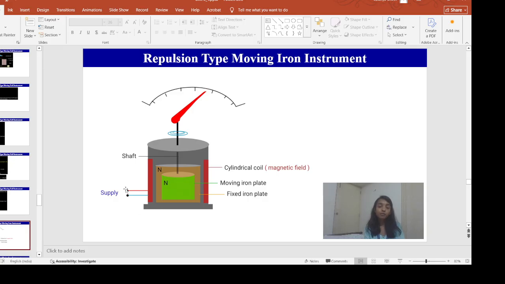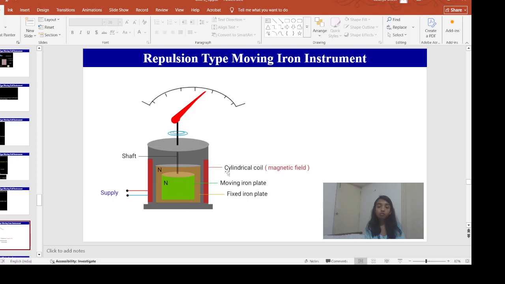Now, suppose I want to measure an unknown current using the repulsion type moving iron instrument. Whatever current I am supplying, let's say I don't know the value. The magnetic field will be directly proportional to the current that you are applying here.